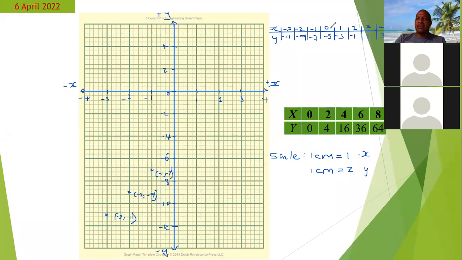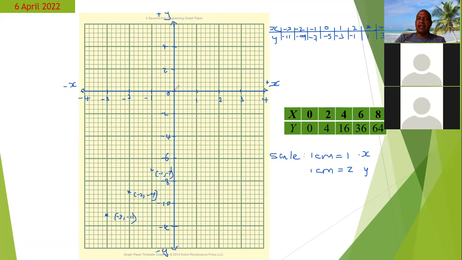Now the next one would be x equals 0. Now x equals 0 is going to fall on the y-axis. So x equals 0 would be here, and you're coming down -5. So x equals 0 is right here where the two axes intersect.